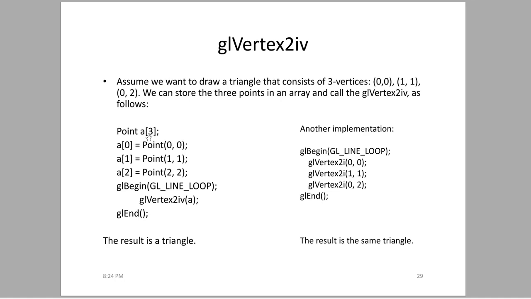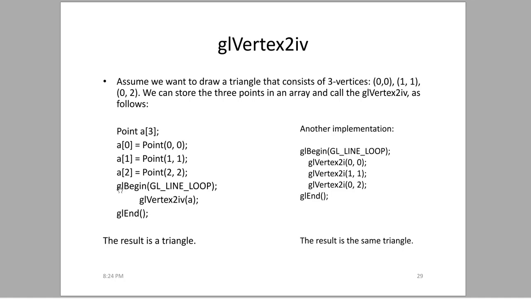Or the second way is you have an array of points, an array which has 3 points. Point 0 is 0 0, point 1 is 1 1, and point 2 is 2 2. So I have 3 points as an array, and I will pass this array to glVertex2iv.